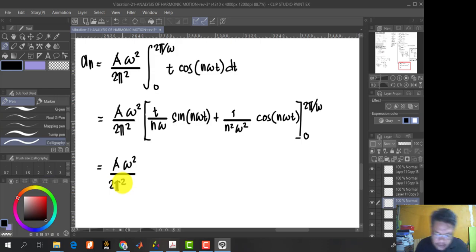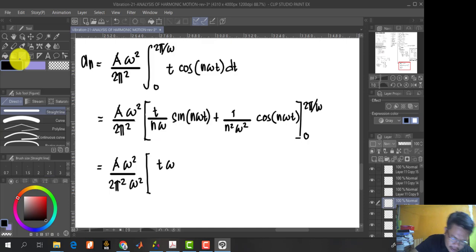So eventually ilalabas ko lang din yung w squared niya dito, angular squared niya dito. Okay, so I'm gonna close parenthesis this one. And in order to satisfy ito, so I'm gonna multiply here t, so angular velocity. So eventually pag pinasok mo doon sa loob, it will be cancelled out. So eventually lalabas yun siyang ganyan, di ba?